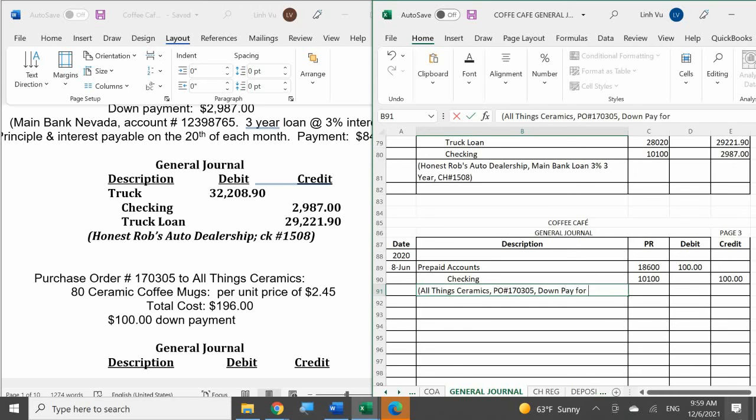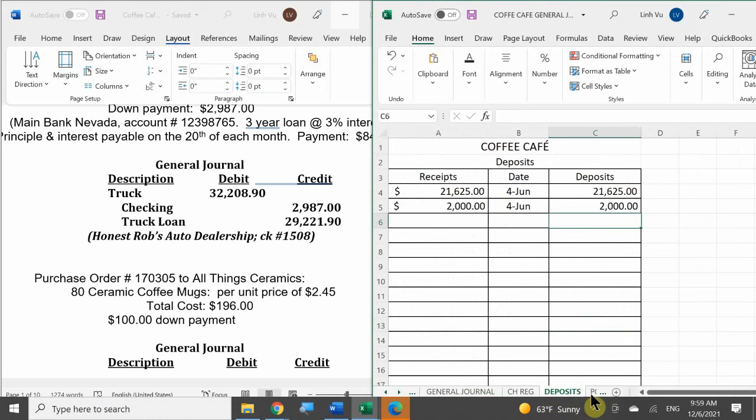Down pay for mugs. Okay. And of course the check number 1509. Okay.